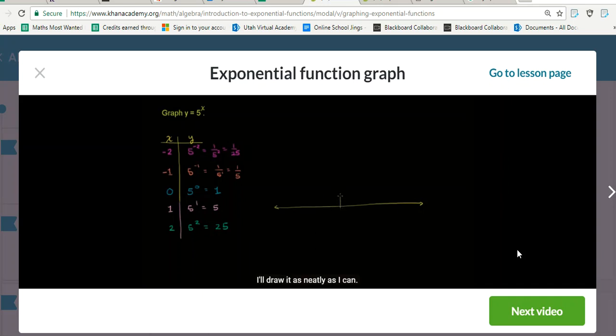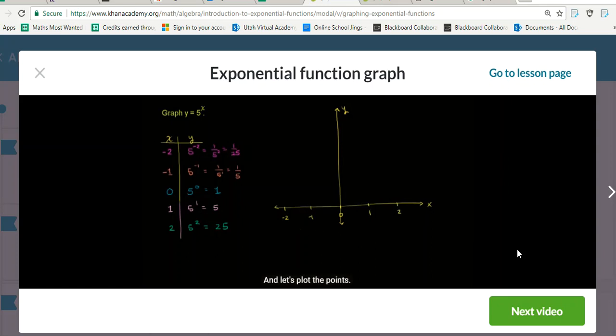Draw it as neatly as I can. So let's make that my y-axis, and my x values, this could be -2. Actually make my y-axis keep going. So that's y, this is x, that's -2, that's -1, that's 0, that is 1, and that is +2.